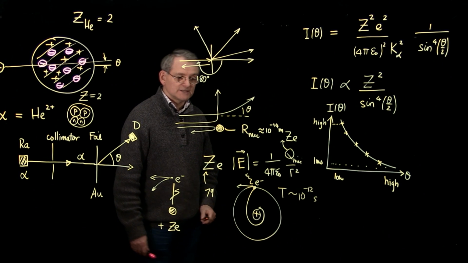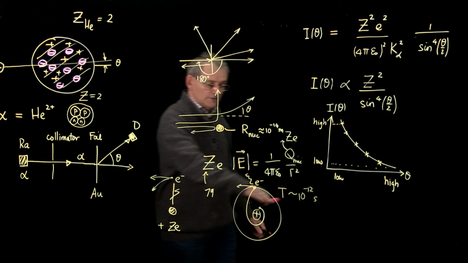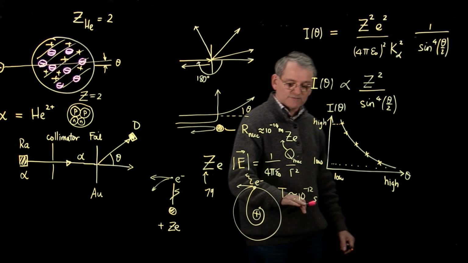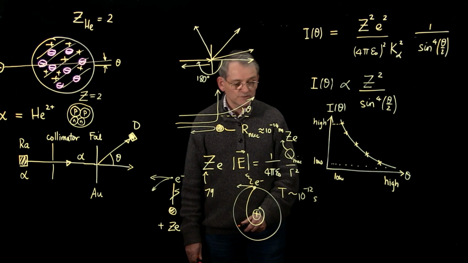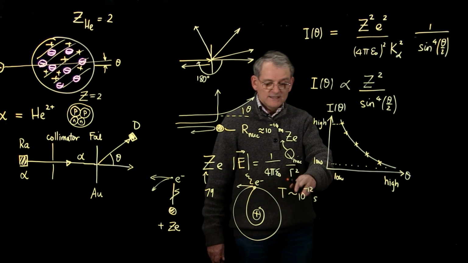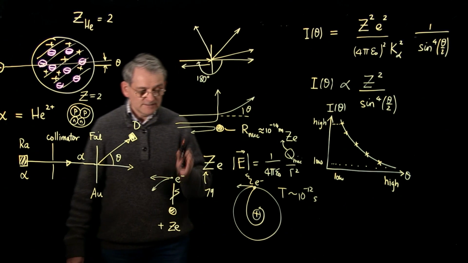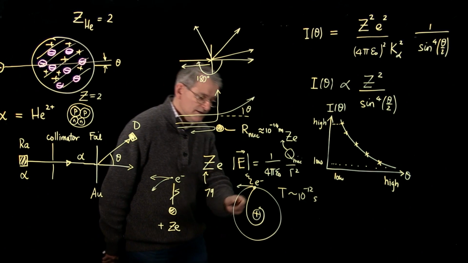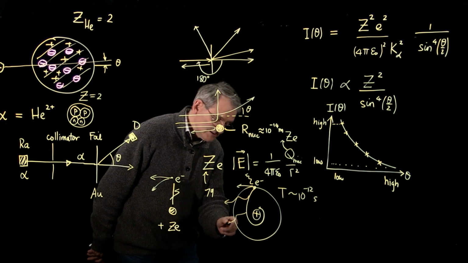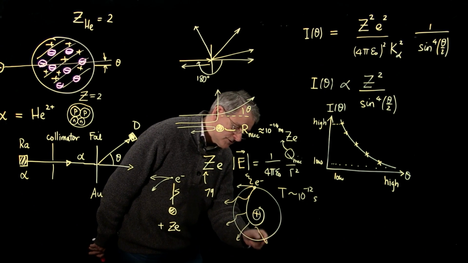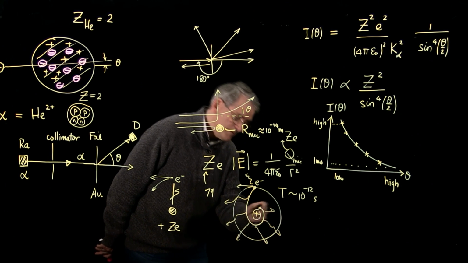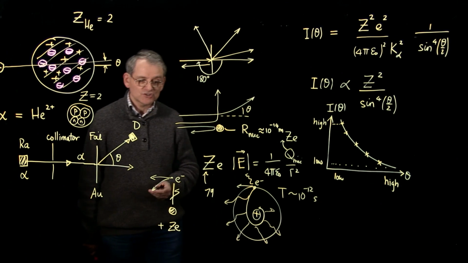So clearly matter is stable. I'm speaking to you. I'm made of atoms. The atoms have lasted a lot longer than 10 to the minus 12 seconds, unfortunately for you. And so the prediction that the Rutherford model makes is that matter is unstable. And furthermore, it predicts that as the electron spirals into the nucleus, it emits continuous radiation.